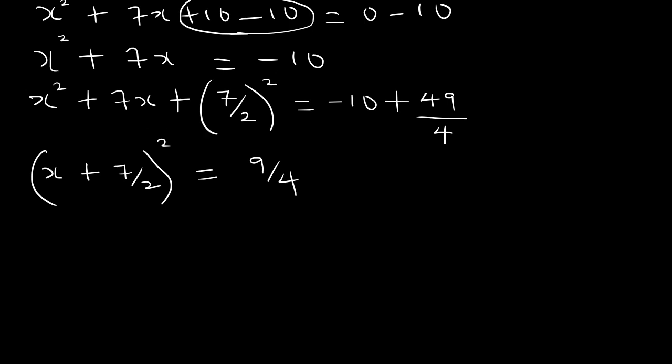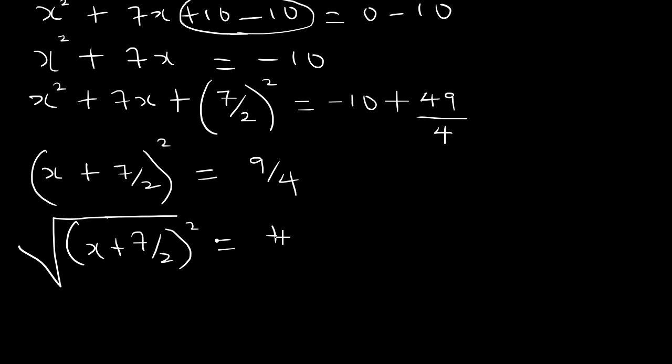So now we have x plus 7 over 2 squared is equal to 9 over 4. Now the next thing is to take the square root of both sides. If we do that, we'll have x plus 7 over 2 is equal to plus minus the square root of 9 over 4.